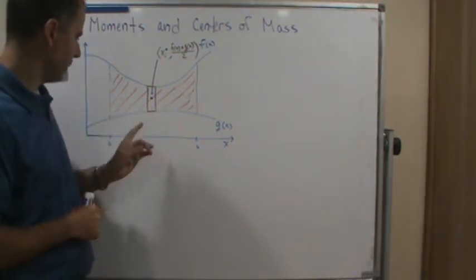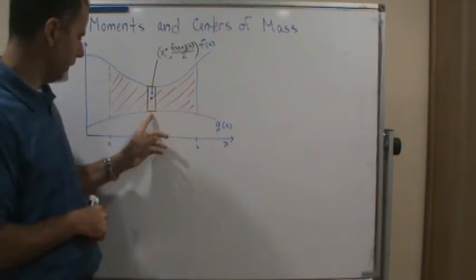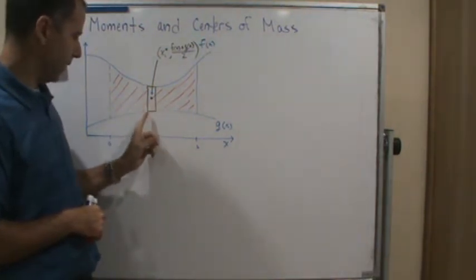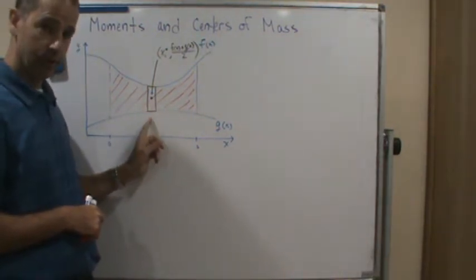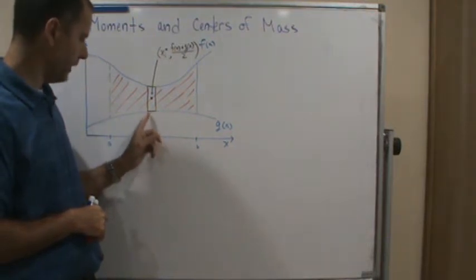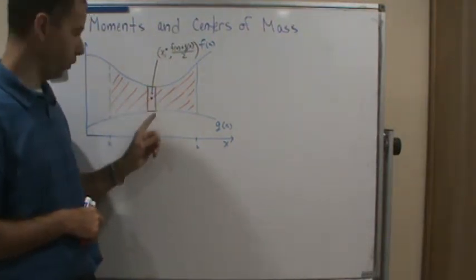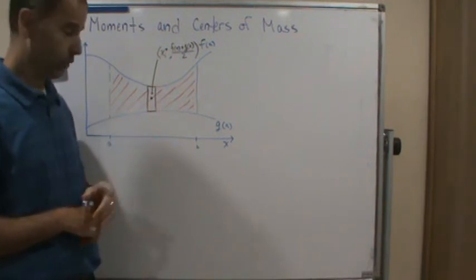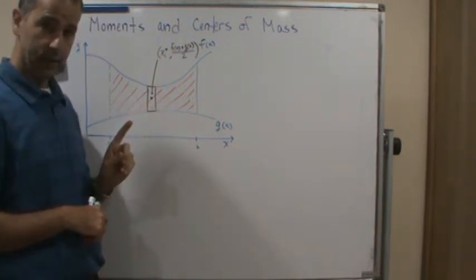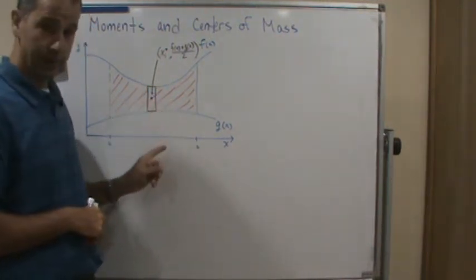Since we're dealing with a rectangle that is now bounded above and below by continuous functions, the height of the rectangle is no longer going to be f of x. So the height of the centroid is no longer f of x divided by 2.